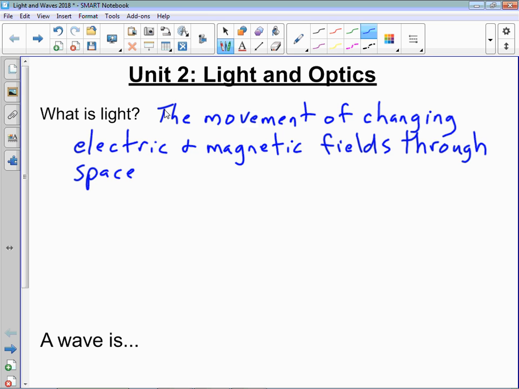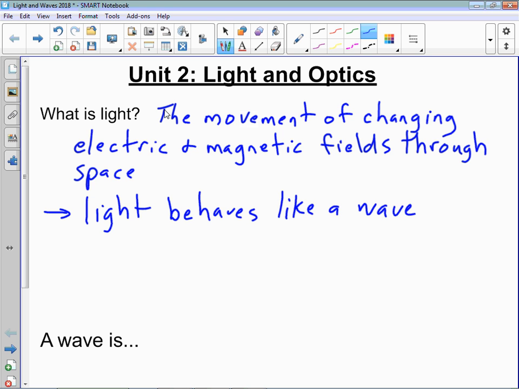So this definition is a bit more useful to us, say, in a grade 12 physics class. What we're going to look at here is not so much what light is, but how light behaves. So to that effect, we can say that light behaves like a wave.